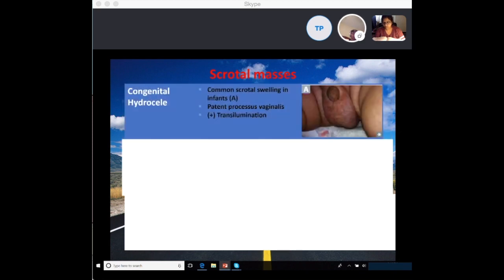So, moving on to scrotal masses. First, we have congenital hydroceles. This is a benign condition, and the key feature is that it is positive on transillumination. So you put your pen light up to it, and you'll see light shining through.